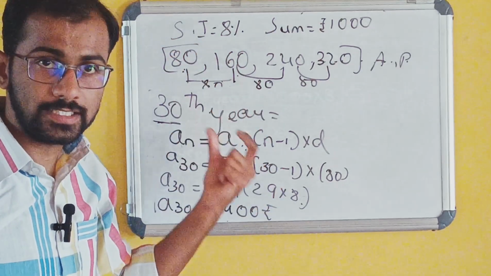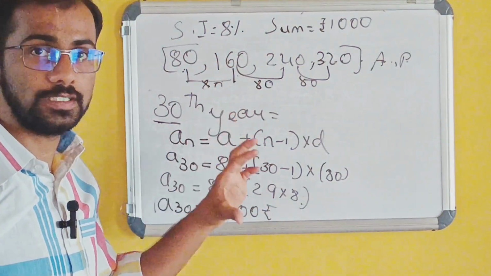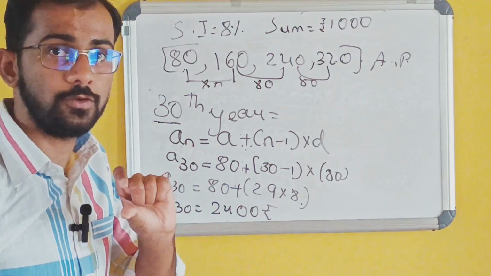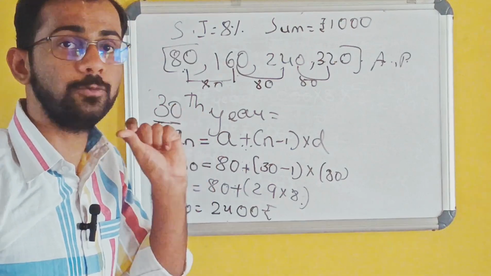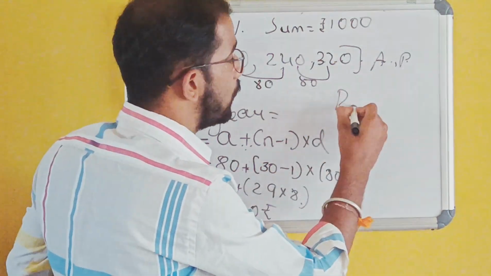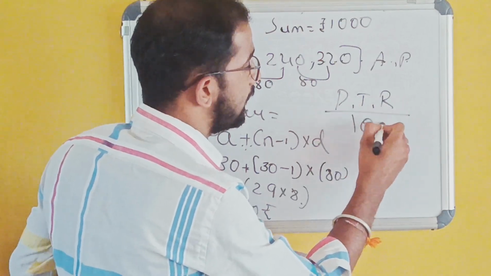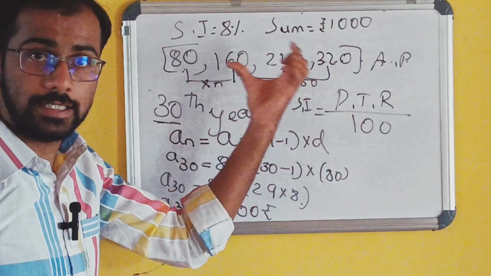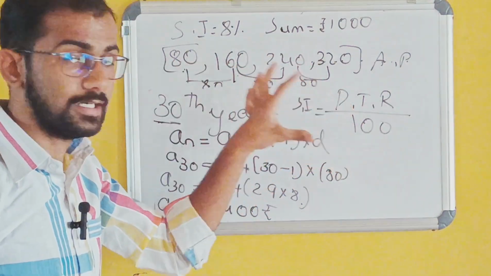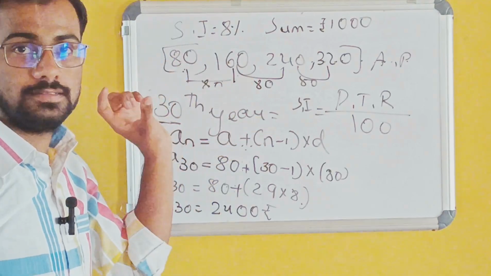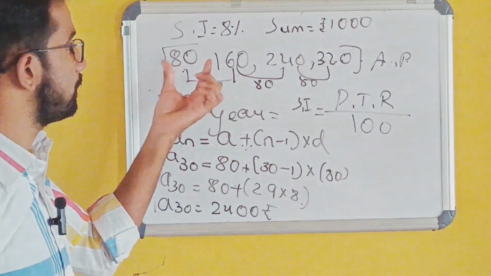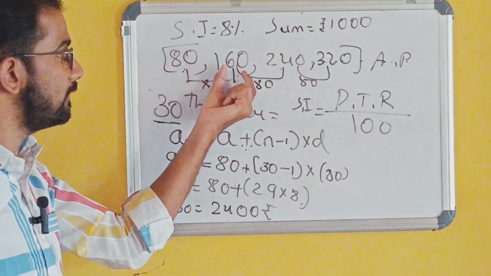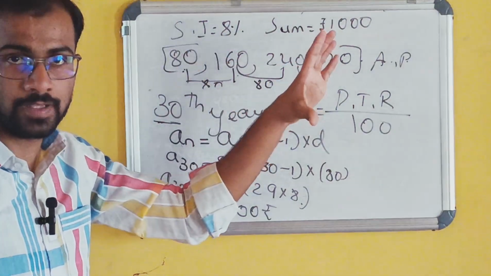So whenever in a question of this kind, or whenever in a question in the chapter arithmetic progression, you find the keyword simple interest, then you need to consider the formula for simple interest, that is PTR upon 100. This formula needs to be considered whenever you see the keyword simple interest in the problems. So this is first. From this formula, we got one sequence, that is 80, 160, 240, 320, and so on.